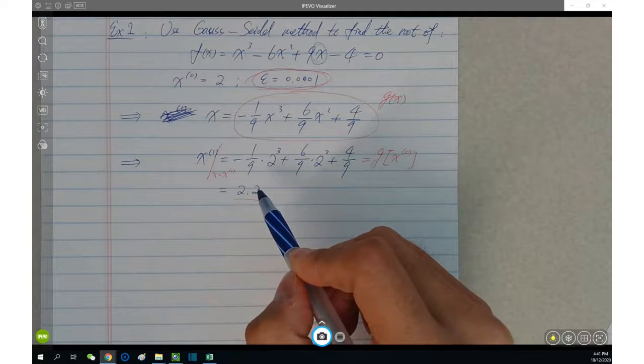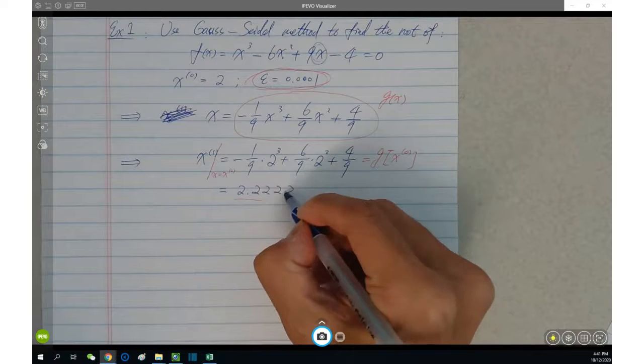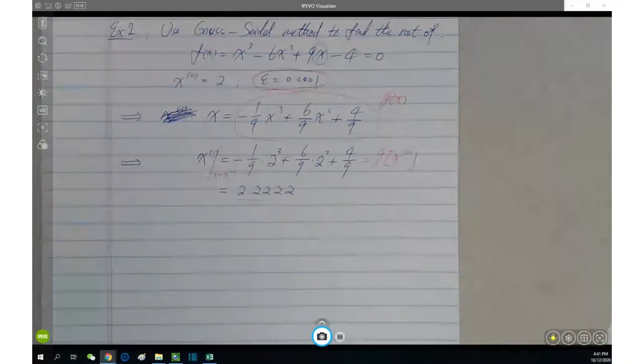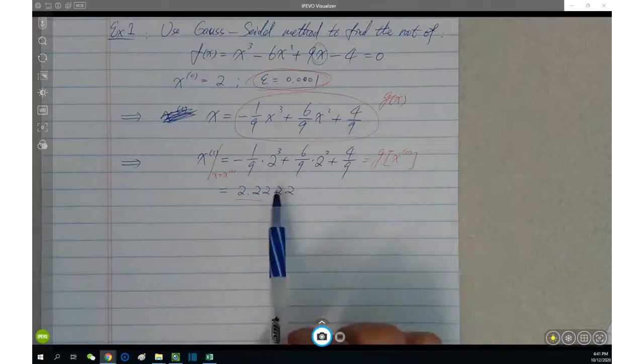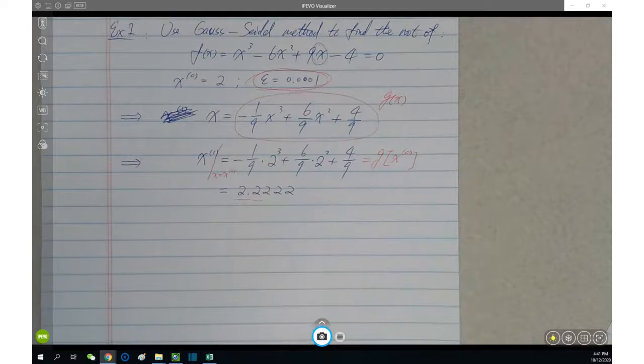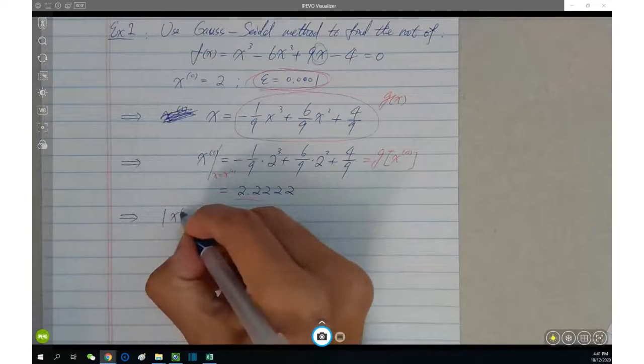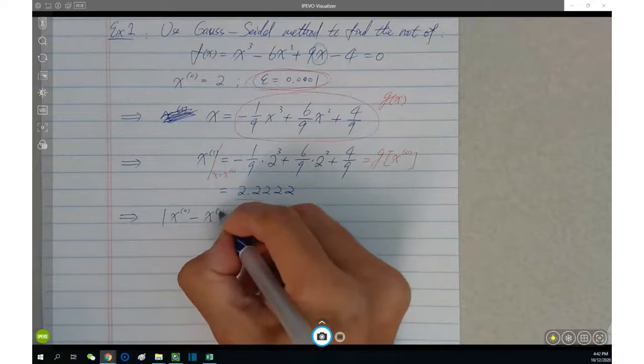So remember this. It should be 2.2222, 4 digits. So you can imagine afterwards you have the same number of digits to compare. All right, what's next? The magnitude of x of 0 minus x of 1.